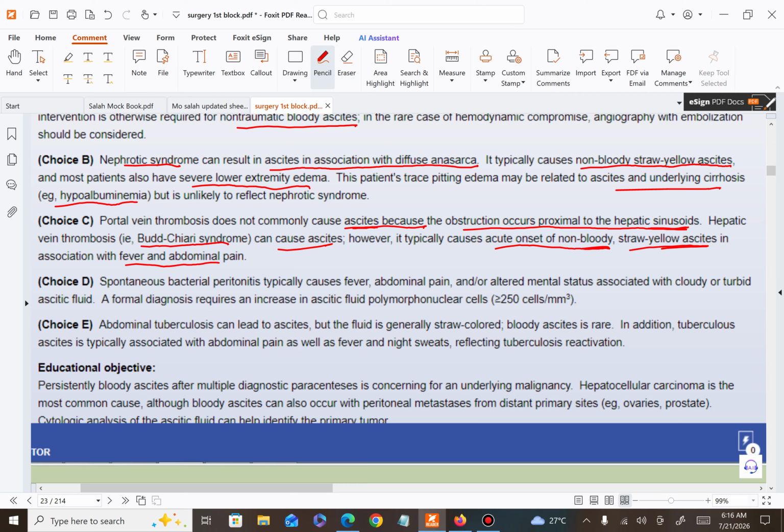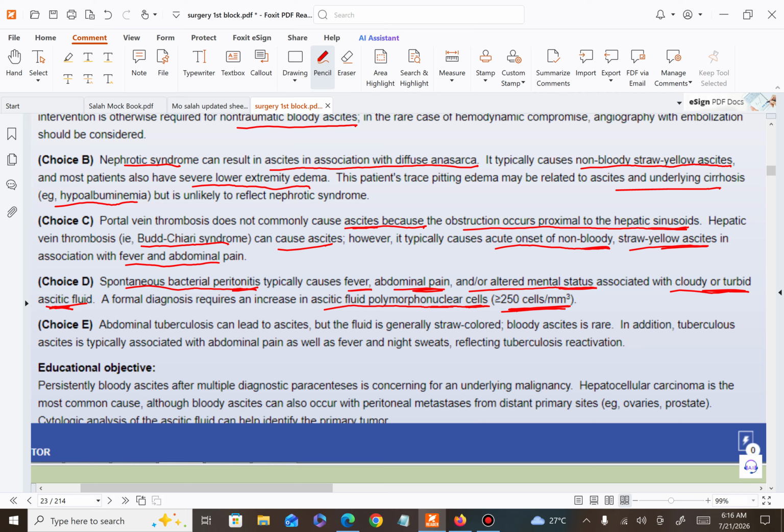While option D, spontaneous bacterial peritonitis, typically causes fever, abdominal pain, and altered mental status associated with cloudy or turbid ascitic fluid, not bloody. A formal diagnosis requires an increase in ascitic fluid polymorphonuclear cells of more than or equal to 250 cells per mm cube.